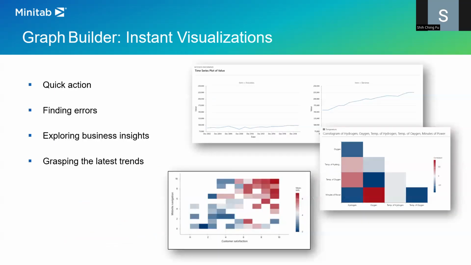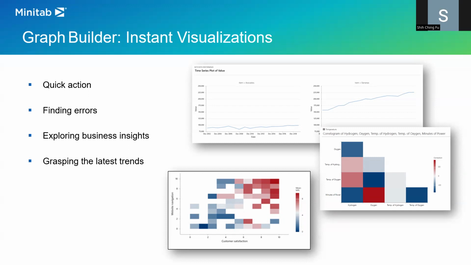Of course, with data visualization, we can take quick action, especially for decision makers. If you see a very nice graph, you can take quick action for business growth, hopefully. You can also find errors easily. With a histogram, you may see outliers straight away. You can also see normality and bimodal data straight away from a graph.